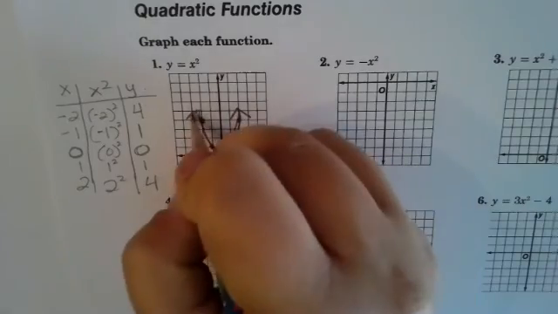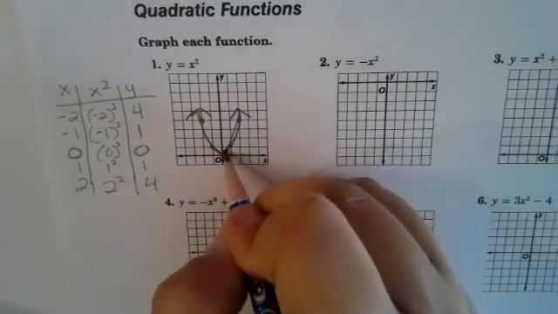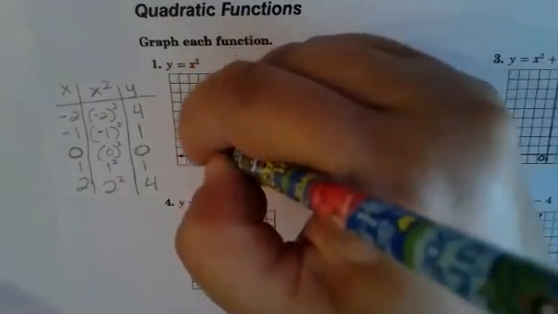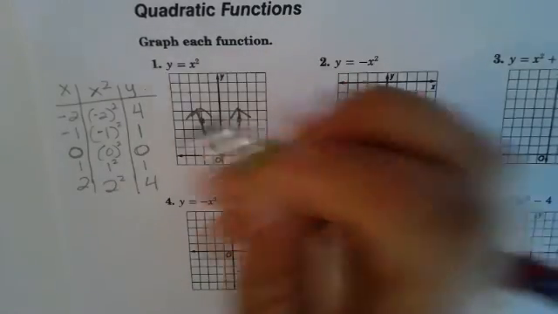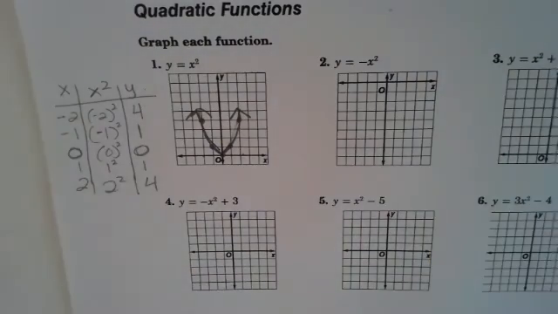Then there should be some arrows on the end, because this is going to continue on. You can see my line is not the greatest. It's okay, just do the best you can. So it's going to look something like this. Now I have made my function table and graphed it. I would be done with this problem.